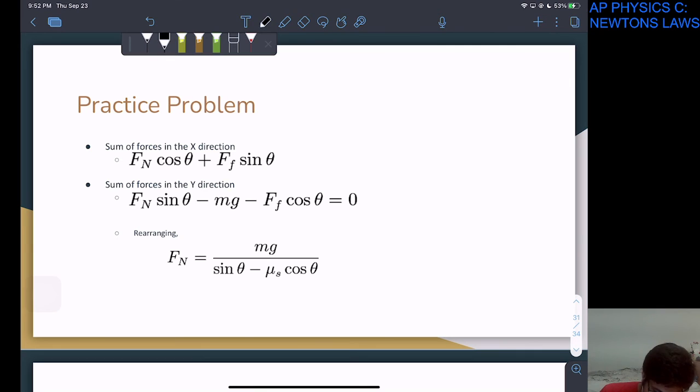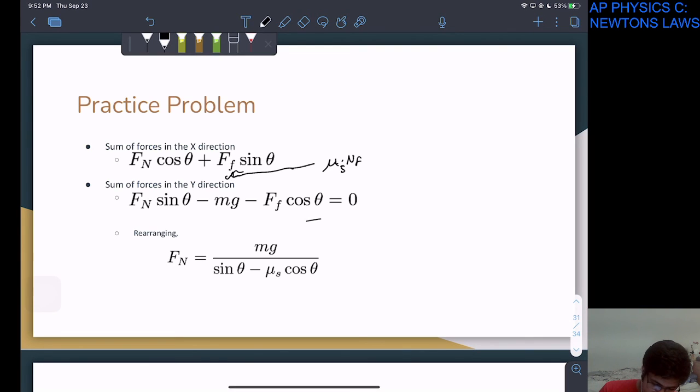So some of the forces in the y direction here, we can rearrange it. So what is the frictional force? Well, here it's just mu s times the cosine. The frictional force is mu times the normal force, Fn, but it's mu s, right?